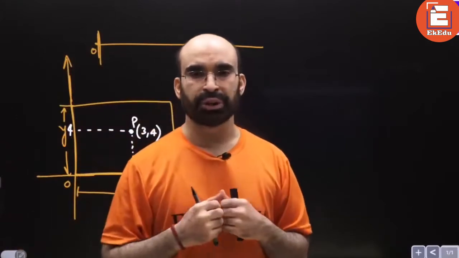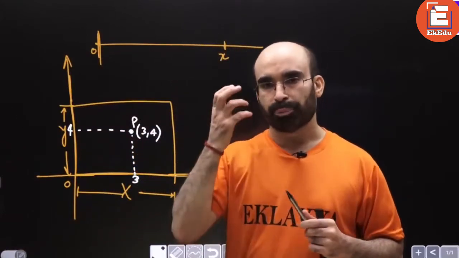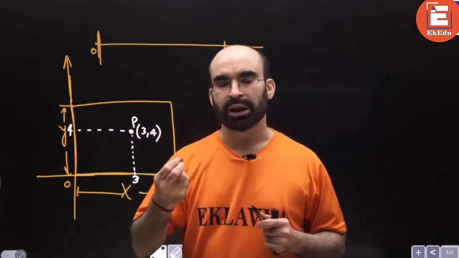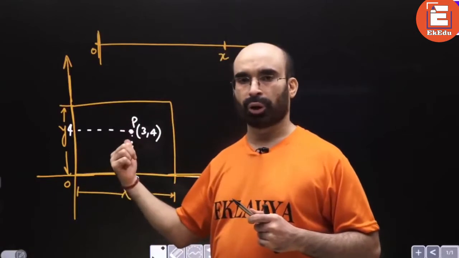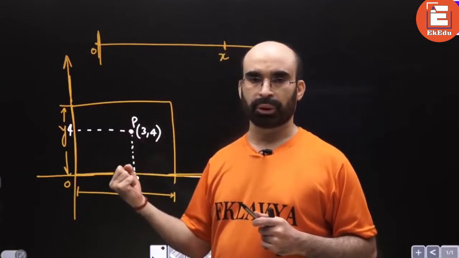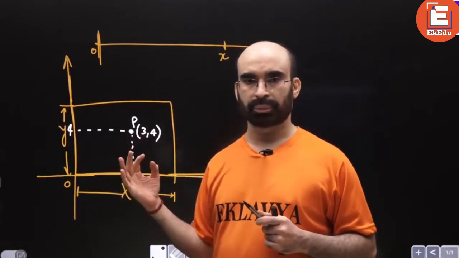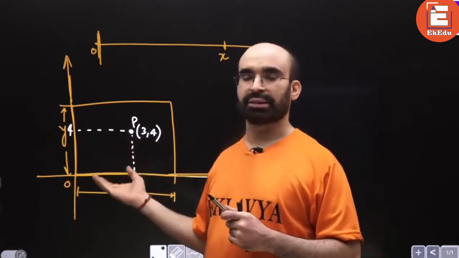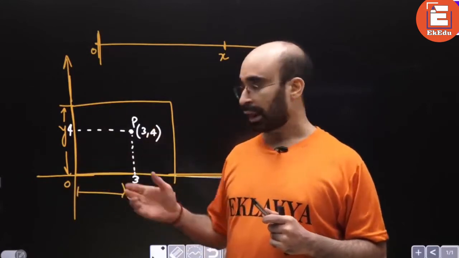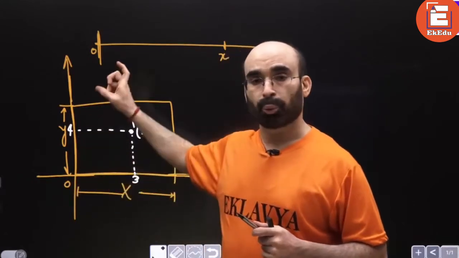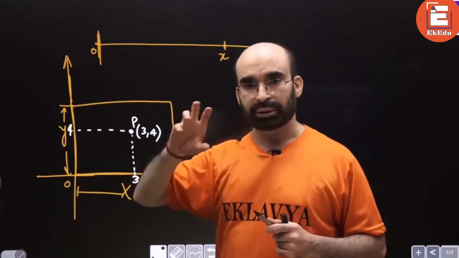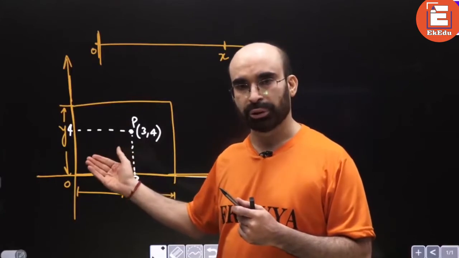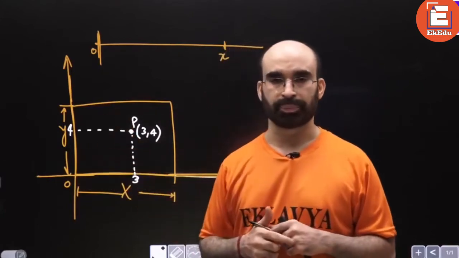So first thing that we need to keep in mind, we must have some mechanism, some tool to express the position of this particle in a plane. In a plane means it's not only x-axis that would matter, it would be y-axis also. So we have some tool, some mechanism to express the position in terms of x-axis and y-axis.